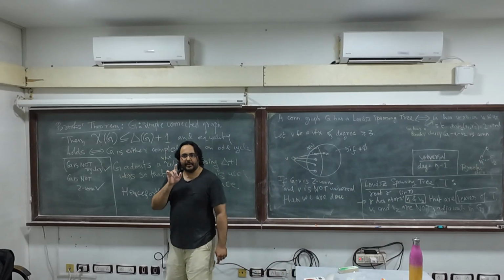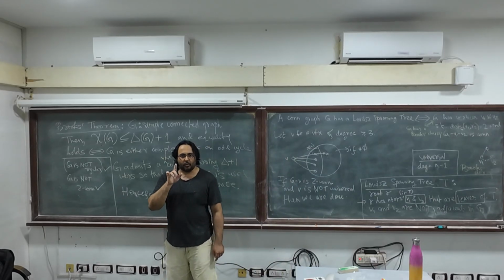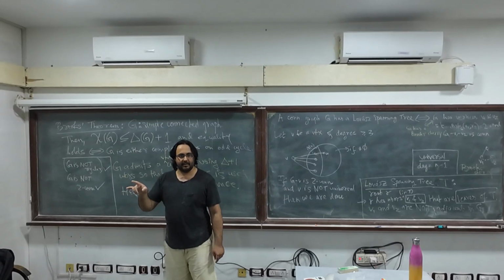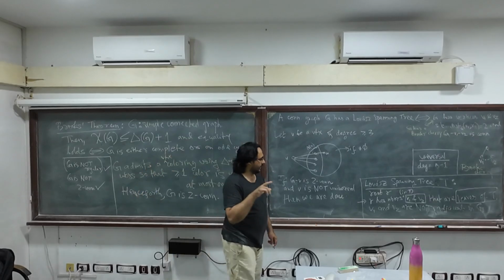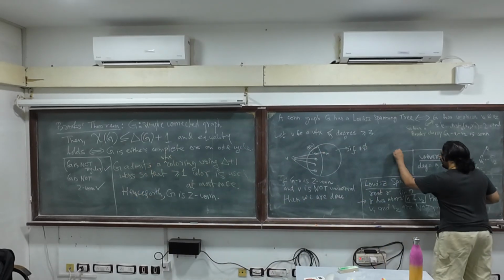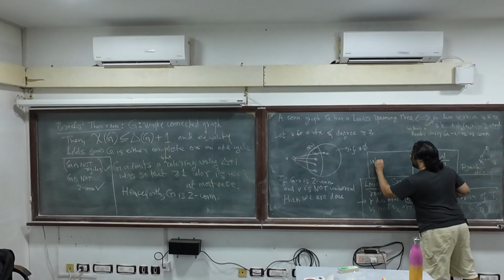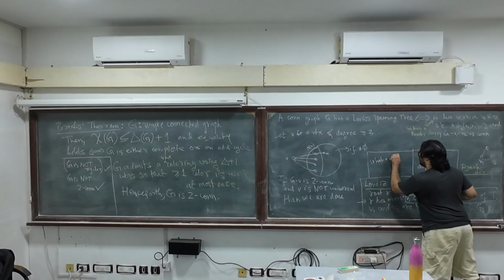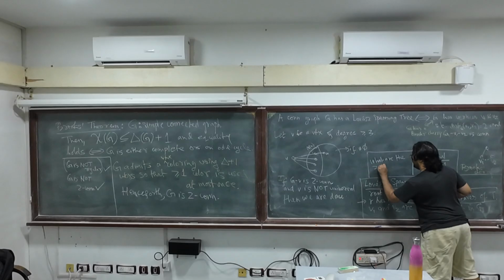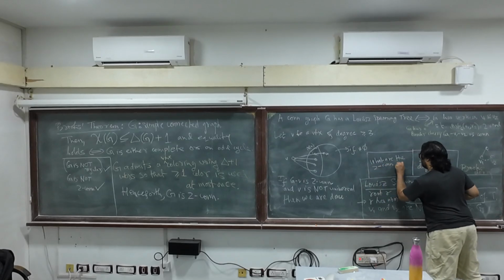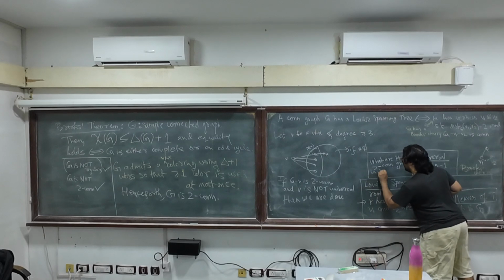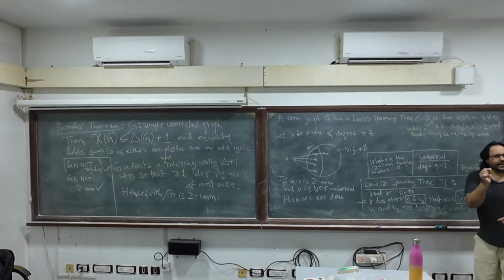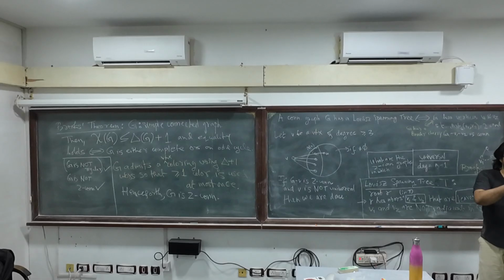So that brings a question. What are those 2 connected graphs where every vertex of degree 3 or more is universal? Can we write that down? What are the 2 connected graphs in which every vertex of degree 3 or more is universal?